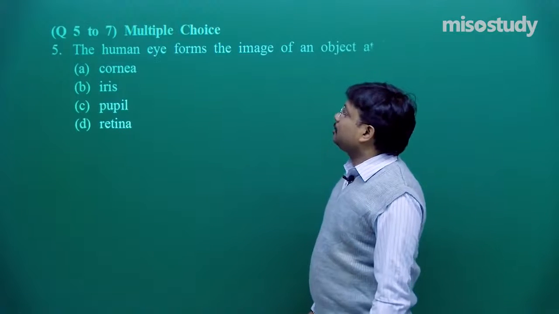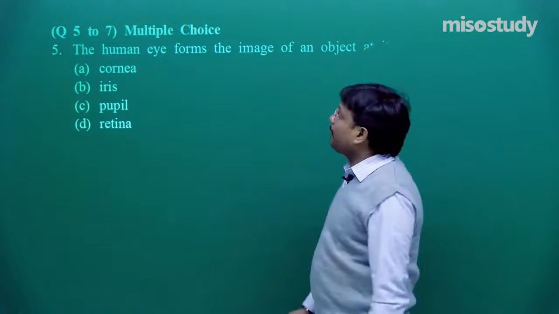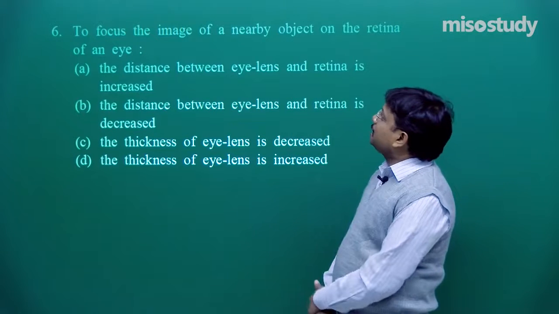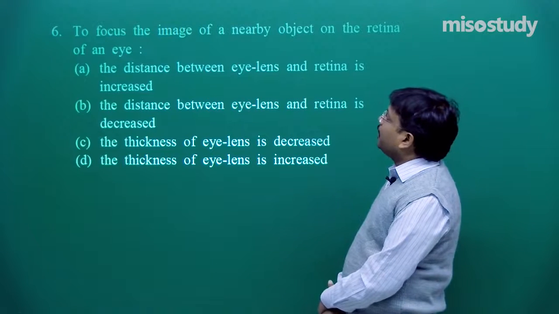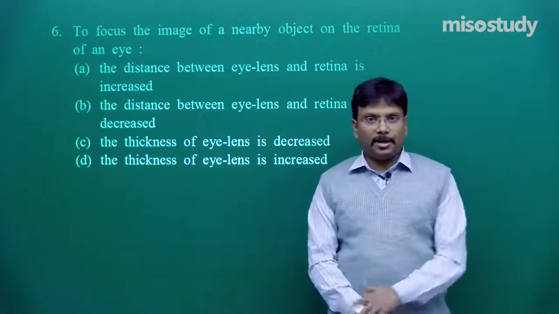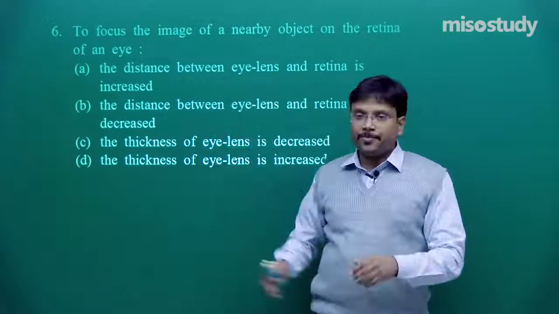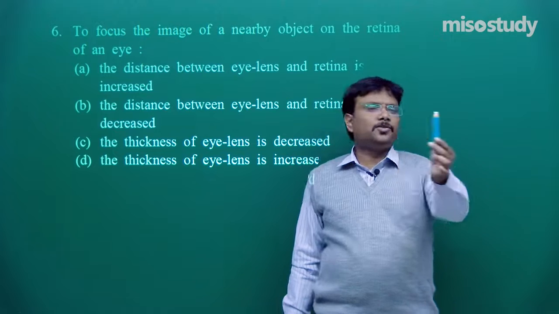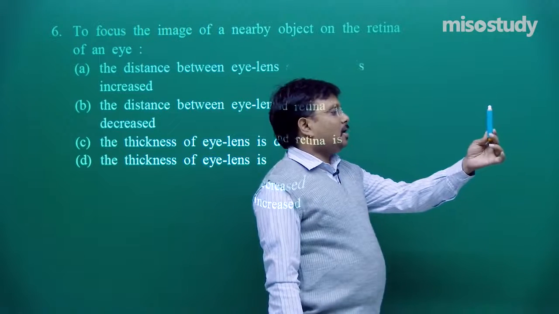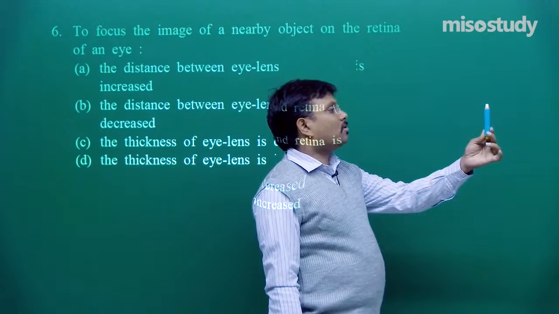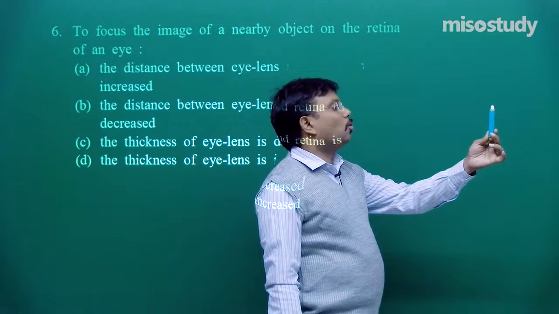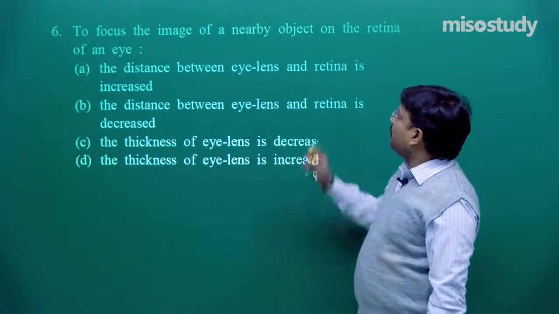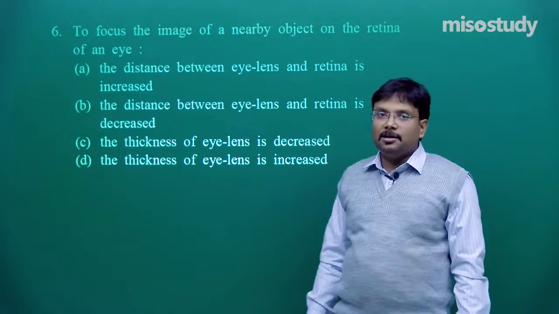Then the next multiple choice question, question number 6. To focus the image of a nearby object on the retina of an eye. Let's first understand. This is a chalk holder, blue color chalk holder, situated nearby like this. Now if I want to focus on this blue color chalk holder, then the distance between eye lens and retina is increased.